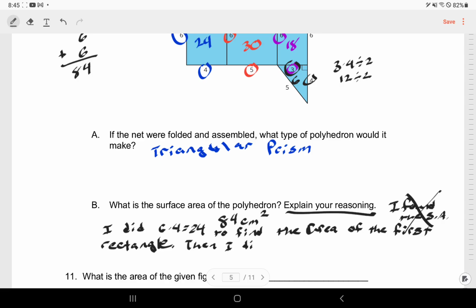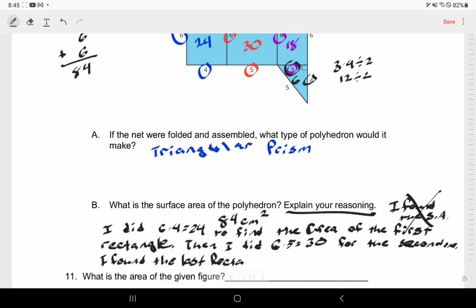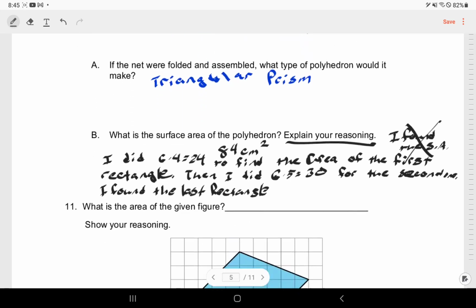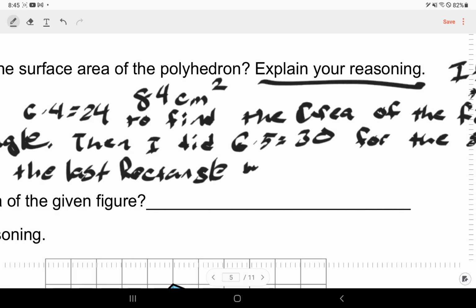Then I did 6 times 5 is 30 for the second one. I found the last rectangle by doing 6 times 3 is 18.